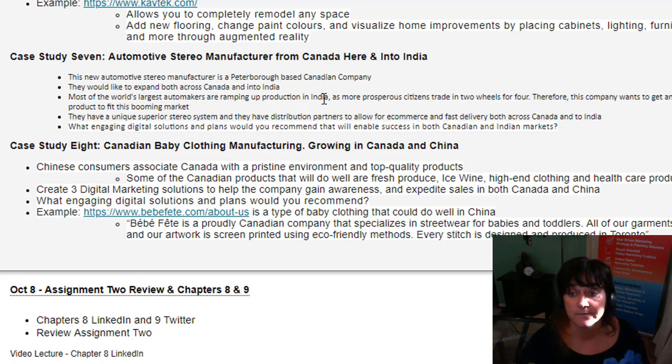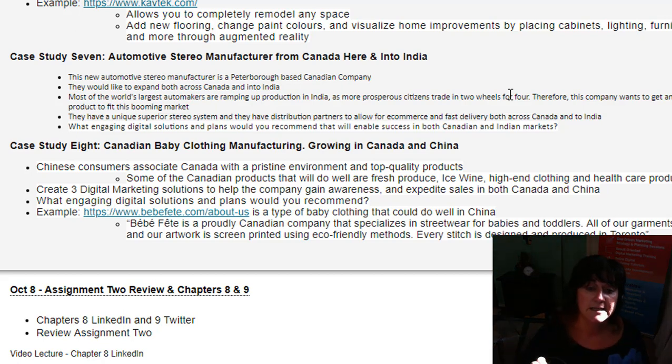As more prosperous citizens trade in 2 wheels for 4 wheels, more people are starting to buy their cars in India. That's happening right now, is what they're saying. That's why there are so many larger companies positioning themselves to sell cars in India.